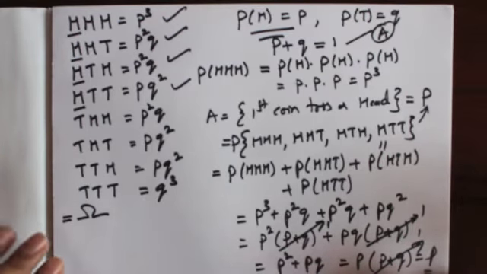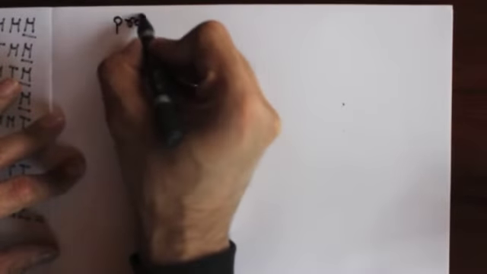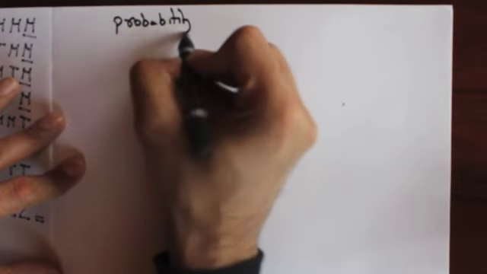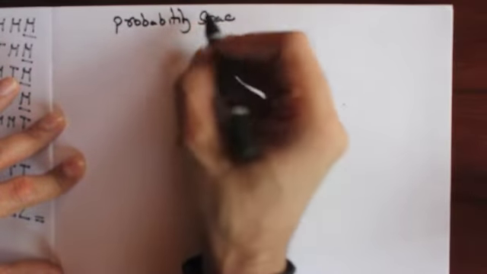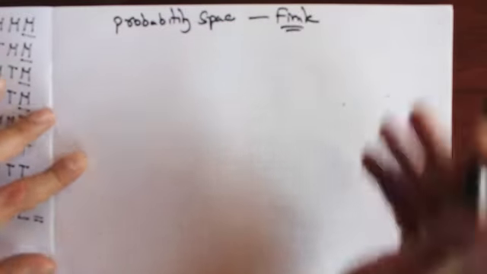Now what we can do is generalize this. We could say, okay, we are interested in talking about a probability space, and specifically a finite probability space. Now what is a finite probability space?